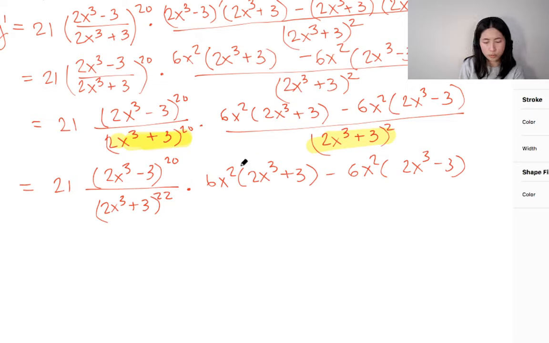Okay, so now is the time that you should be expanding, right? So here, if we expand this, so I don't have to write this again, you're going to make sure you apply the distributive property. Then you have 6 times 2, which is 12, right? X raised to the power of 5. And then you have 6x squared times positive 3. So that would give you plus 18x squared.